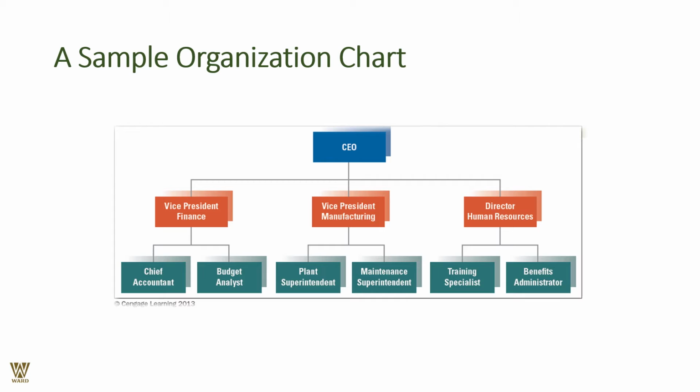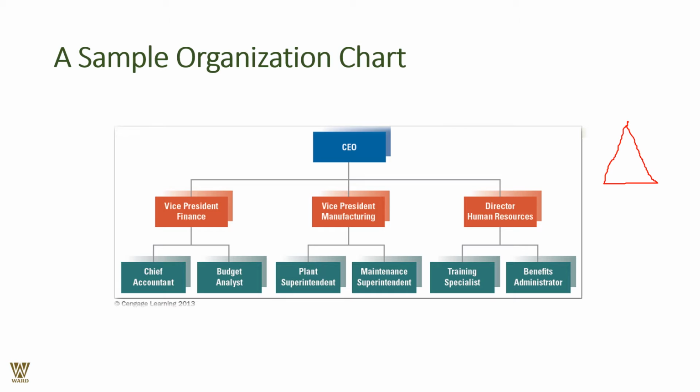So this is a sample organizational chart. It's a pyramidal structure, where we have the CEO at the top, followed by vice presidents of finance, manufacturing, and HR, and then we have a chief accountant for finance.